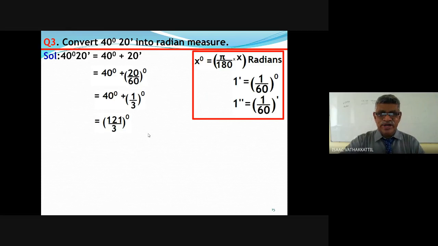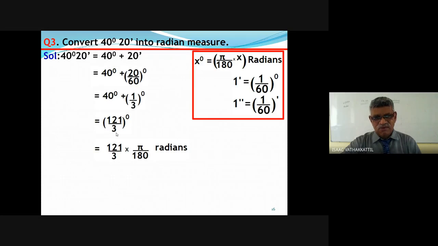Now directly we go to radians. X degrees is pi by 180 into x radians. So 121 by 3 degrees is 121 by 3 into pi by 180 radians. We can keep it as it is, just the denominator 180 into 3 is 540. So 121 by 540 pi radians.